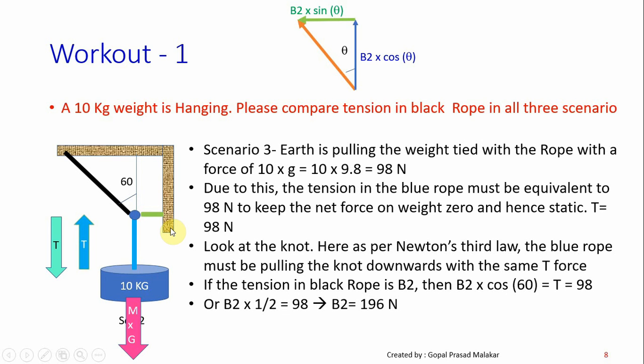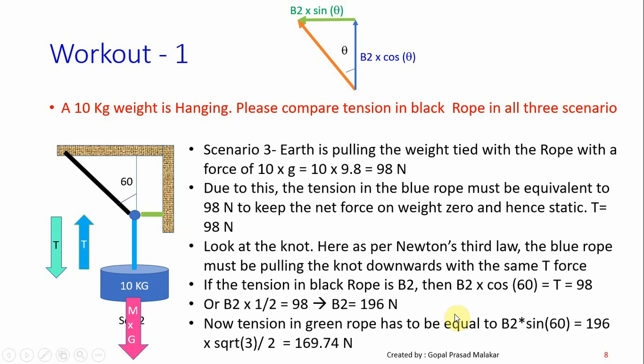So B2 sin theta, or B2 into sine 60, which is 196 into square root 3 by 2, equal to 169. If you think of, there it was 58, it is 169, so it's almost triple. That is the kind of tension that this green rope will be facing when there is more angle here.